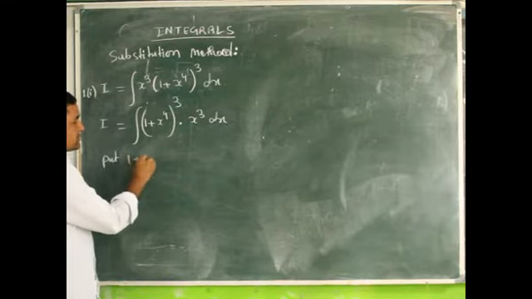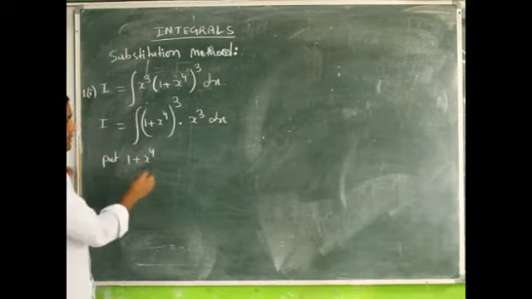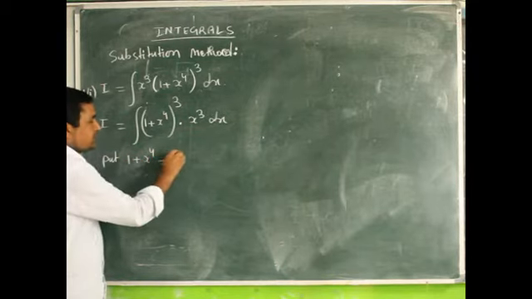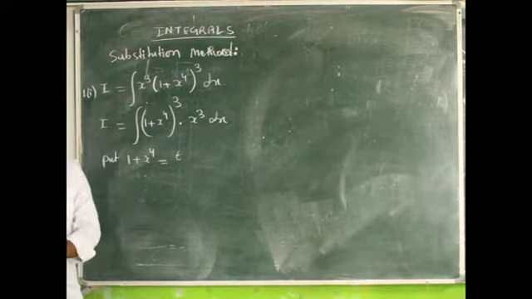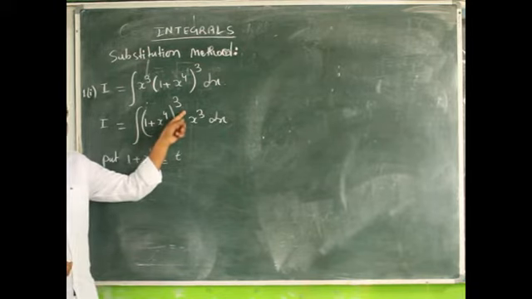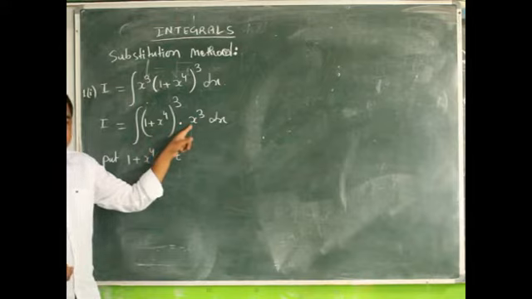1 plus x to the power 4 equals t. Now the question is replaced by another variable. Then why are we not using this power? Because if you use the power, we won't get this answer. How?